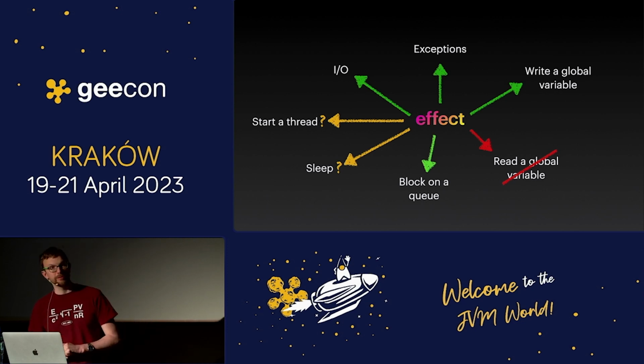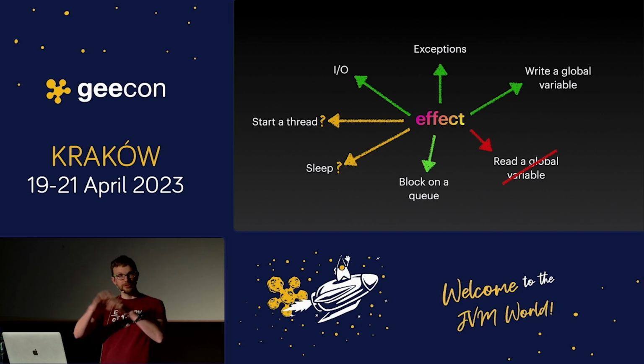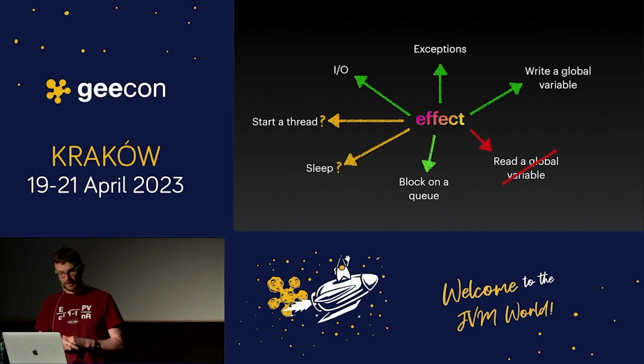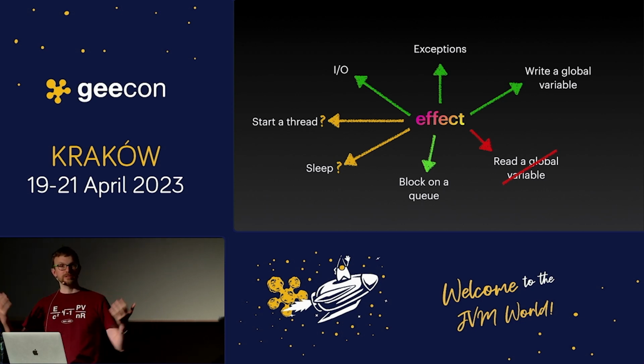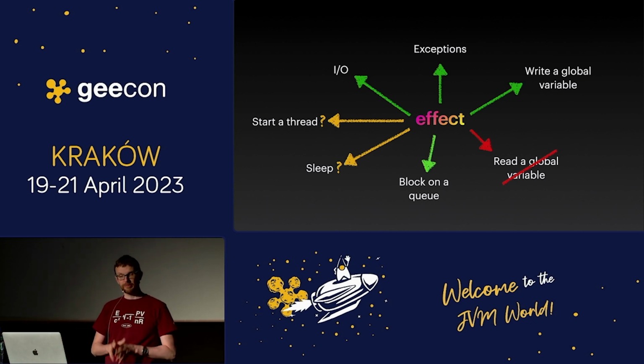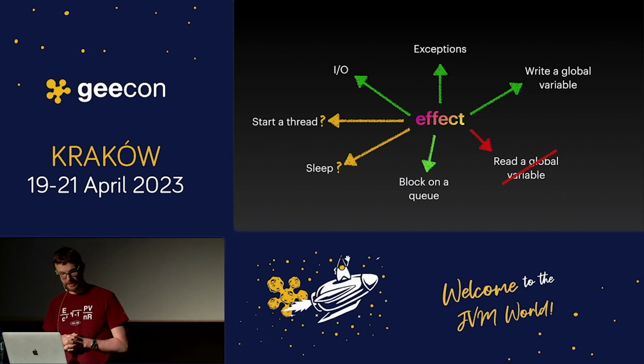Similarly, writing a global variable is an effect because we change the outside world. However, interestingly, reading a global variable is not an effect, right? Because if we only read, we don't change anything outside of the function that we are in. So reading a global variable, not an effect. Writing, yes.